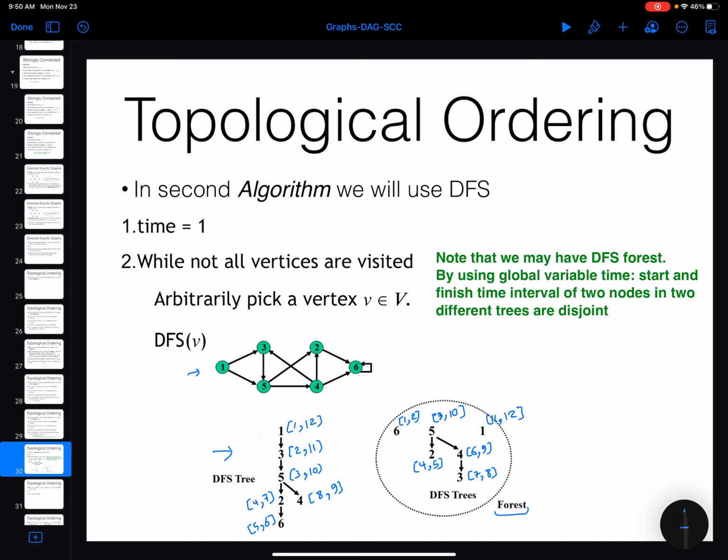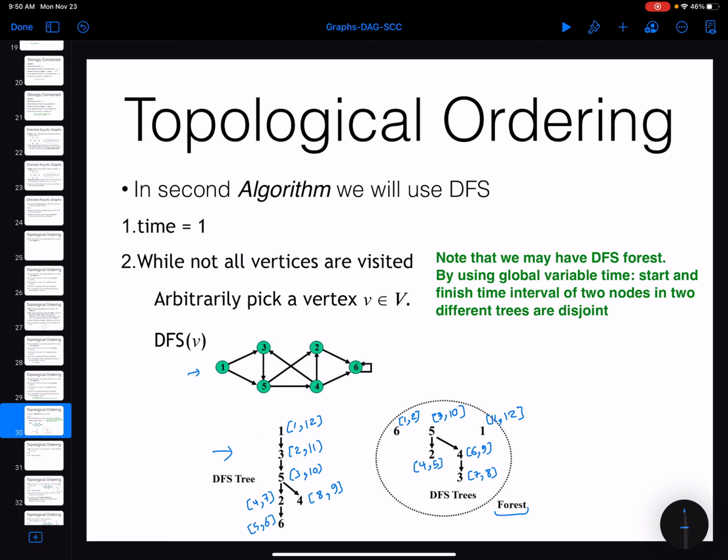But still there is a very nice property which is common over any DFS. It doesn't matter which order of the nodes you choose, there is a single property about the time of the nodes that you are visiting. I'm going to actually give you that observation if you haven't found it.